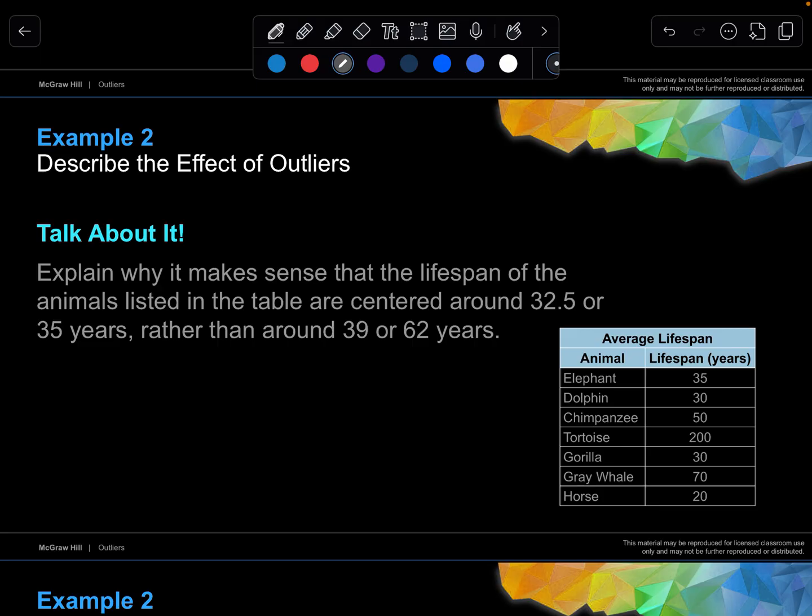We have 35, 30, 30, 20, 50, whereas we only have two values that are much bigger than that. So, therefore, 62 years does not seem to be like a true representative of their average lifespan.